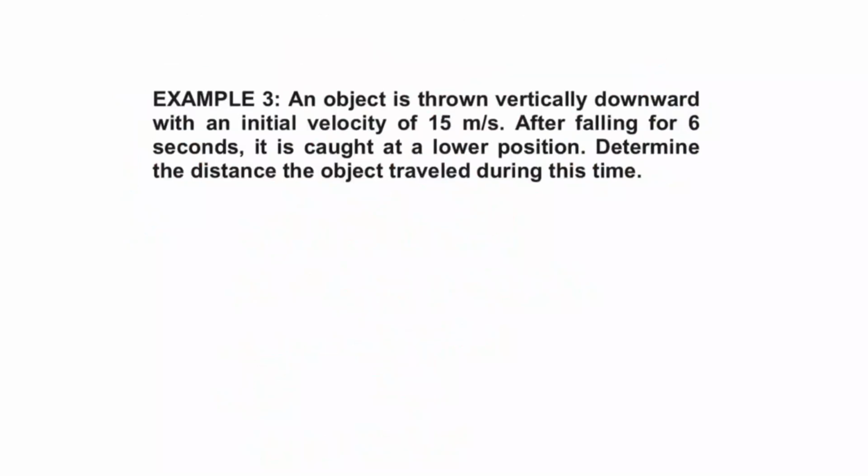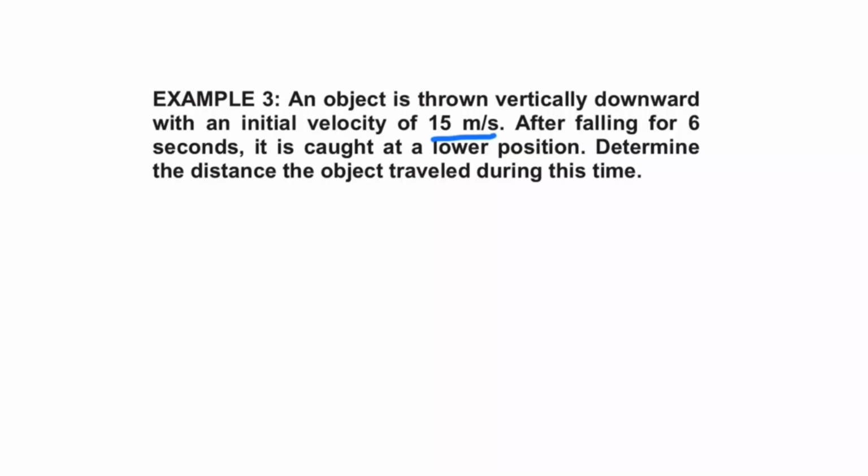In this example, we have an object that is thrown vertically downwards with an initial velocity of 15 meters per second. After falling for 6 seconds, it is caught at a lower position. Determine the distance the object traveled during this time. Okay, let's make sense of our situation.